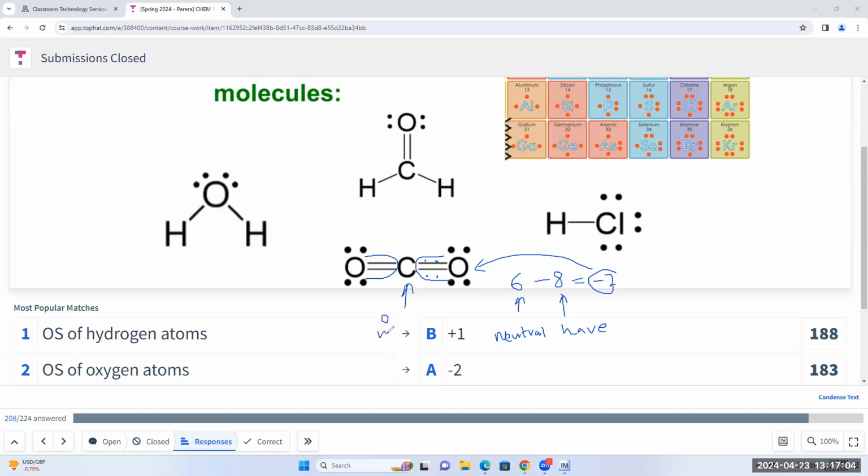We had 4 when it was neutral because carbon is in the 4th group. Therefore, we have 4 fewer electrons, meaning +4 charge, or 4 minus 0 is +4. So the oxidation state of this carbon is +4. That's it.